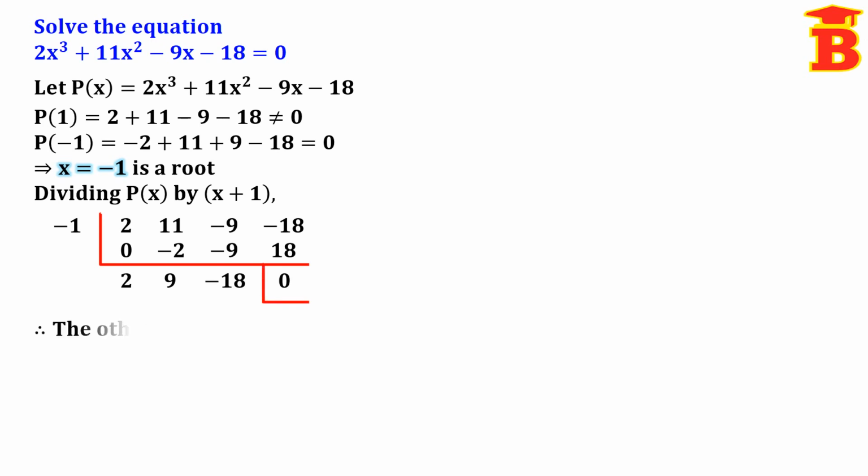Now we have the other factor 2x square plus 9x minus 18. Here the product is 2 into minus 18, that is minus 36, and the sum is 9. We have to find the two numbers. After that we have to divide by the first number 2.